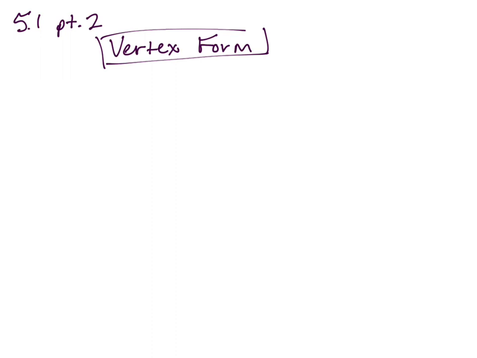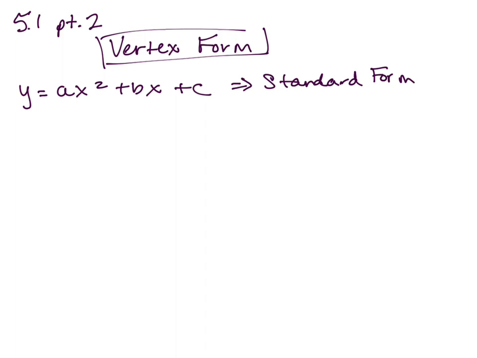And so on Thursday and Friday of last week, we looked at quadratic functions in the form of y equals ax squared plus bx plus c. This is called standard form. And from that, we could get some good information.